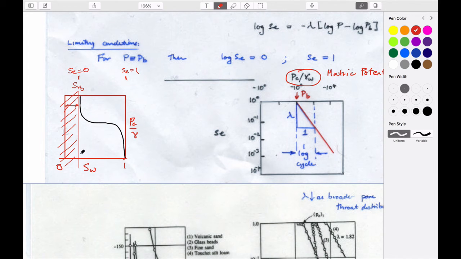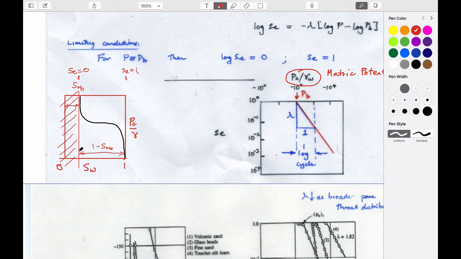And then this length here becomes saturation. This just becomes 1 minus the irreducible saturation of water. And all this allows us to do is, instead of having this dead space on our graph, we can plot this effective saturation relative to capillary pressure, and it allows us to get a straight line relationship.